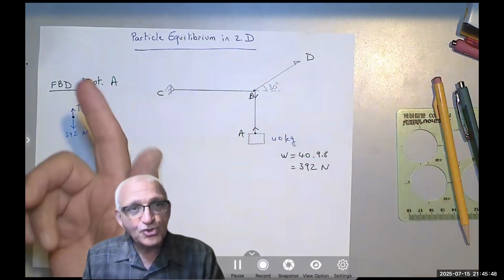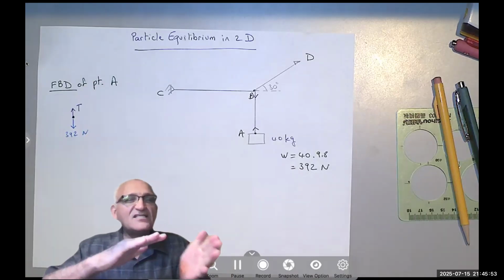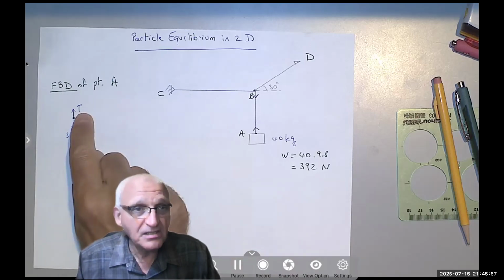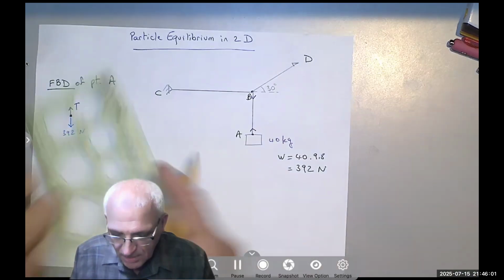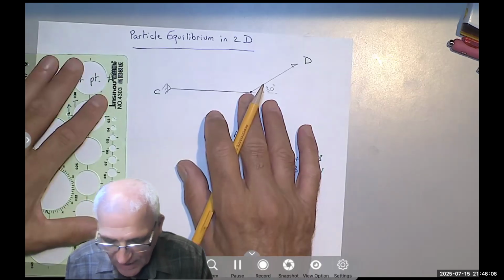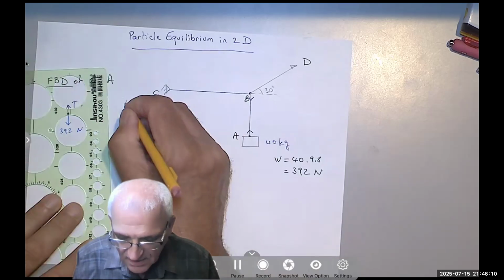But what I want to show you here is, if I want to write these forces as vectors, I would write this as Tj, because first of all, I have to show my axis of equilibrium. I only have forces along the y, so I don't need to show the x, right?